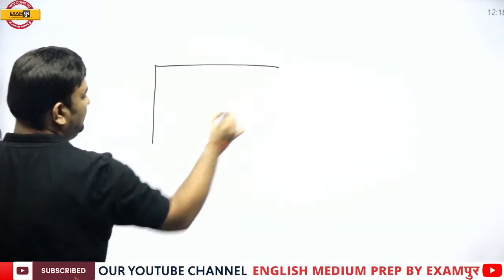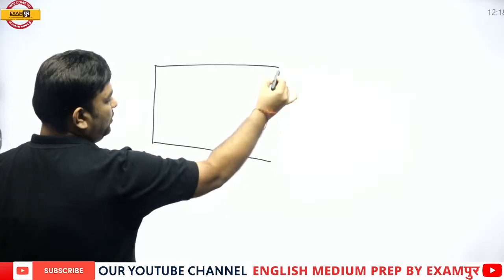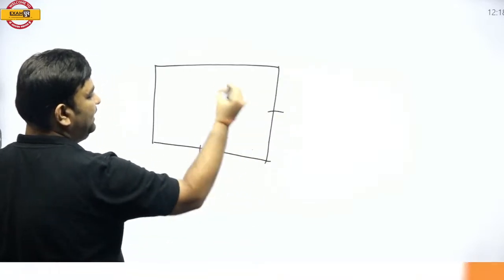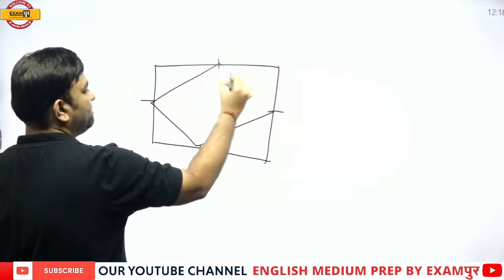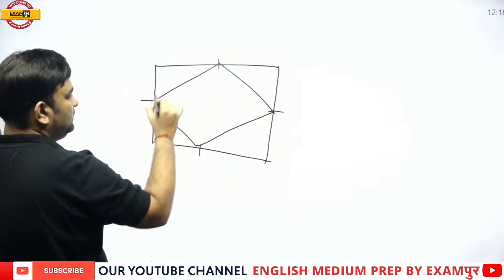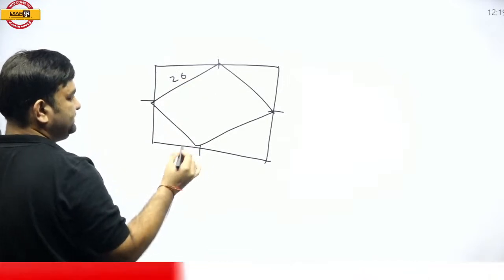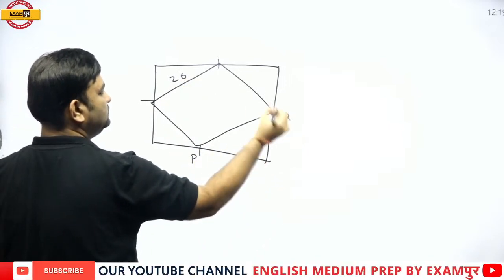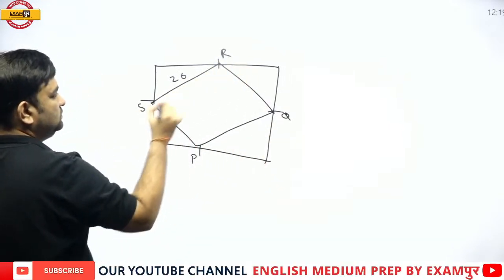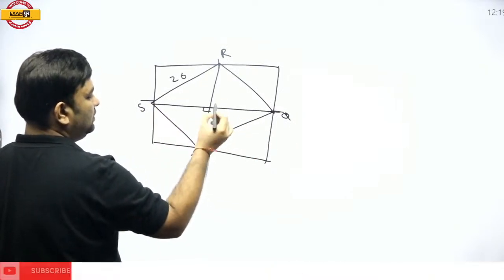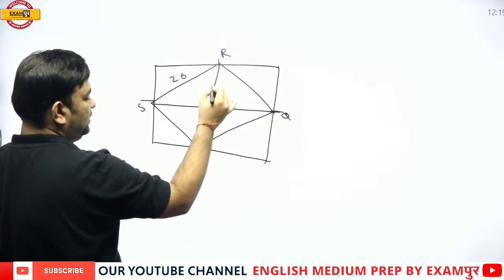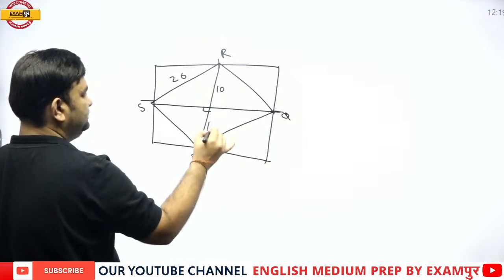Once it was clear that it was a rhombus, this is given as 26, and this is given as 20, so 10 each.